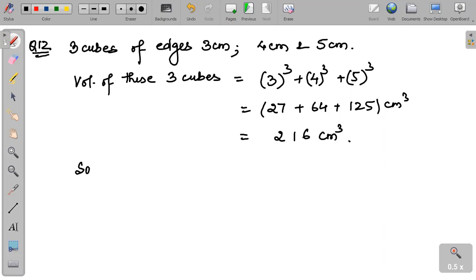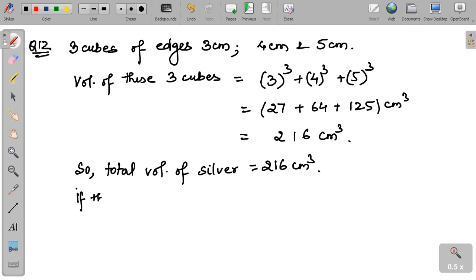So total volume of silver is equal to 216 centimeter cube.